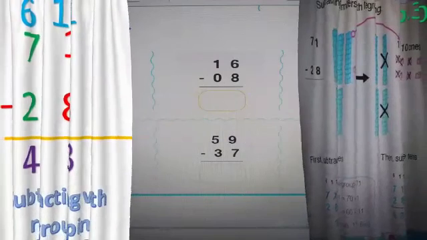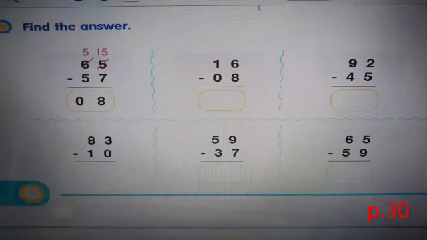Okay, let's do the exercises, page 30. We have here the first one, 16 minus 8. First we subtract the ones. 6 cannot subtract 8 because 6 is less than 8.